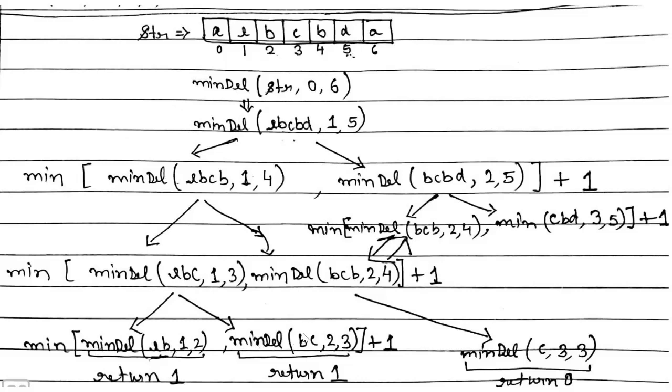Now, how many characters do I need to delete in BC such that BC becomes a palindrome? Again 1, because this is also a base case. So minimum of this one and this one is 1, and 1 plus 1 is 2. So this 2 signifies that how many characters do I need to delete in EBC to make it a palindrome? So the answer is 2.